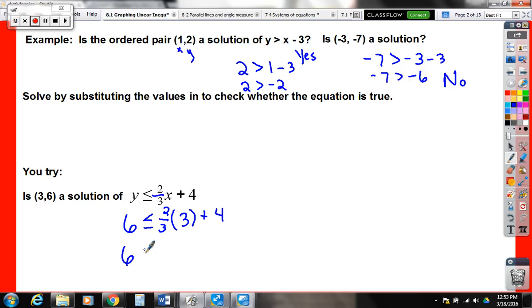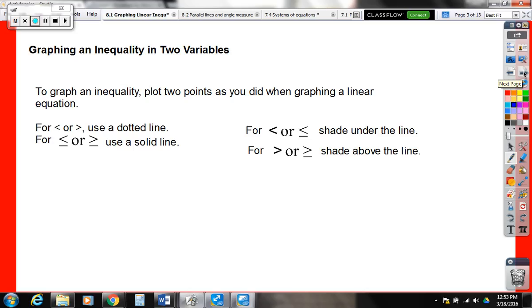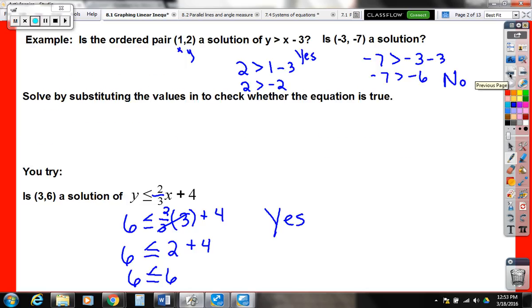When we multiply this fraction times 3, the 3's cancel out, and we end up with just 2 plus 4. 6 is less than or equal to 6. Is that true, Noah? Yes. So it is a solution. You're going to have a few of these to do in your textbook for homework. Some of these you can just kind of tell right away just from looking. Did everyone get that? Yeah.